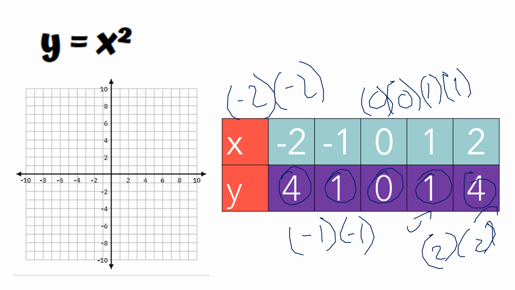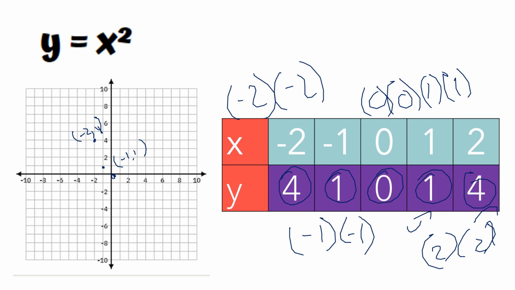And just like with the linear functions, we're going to plot our relations, or the ordered pairs, and then we'll connect the dots. So I'm going to go to negative 2, 4. Put a dot, so you know that's (-2, 4). Now put a dot at (-1, 1). Put a dot at (0, 0).